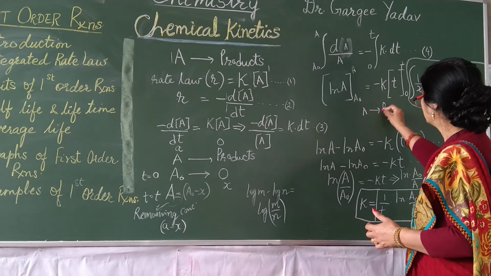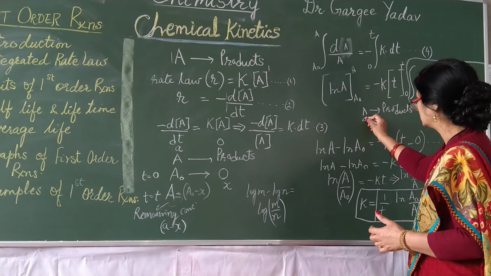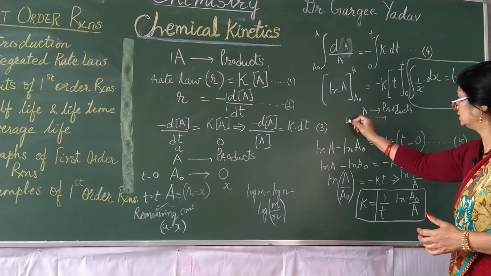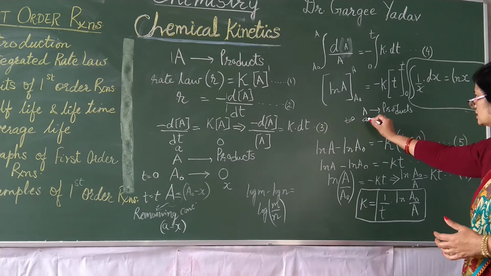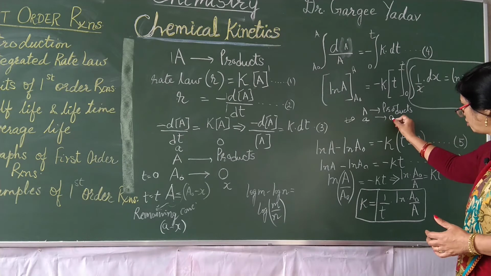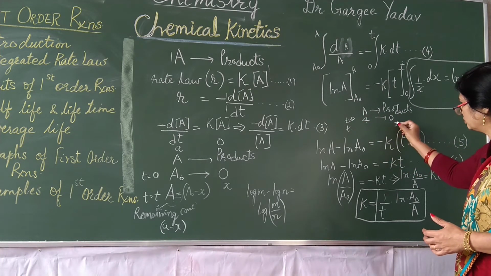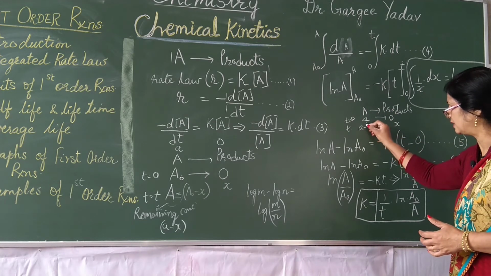If small a is the initial concentration, as it has been given in your books, then at time t equal to 0 the initial concentration is a and the products are not formed. After time t, suppose x amount of product is formed, then the amount of A that is remaining will be a minus x.